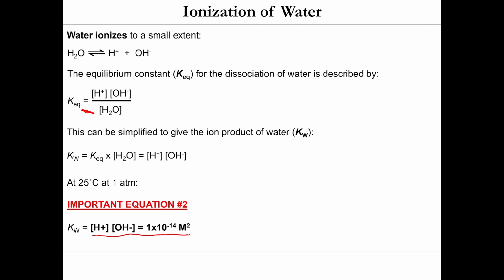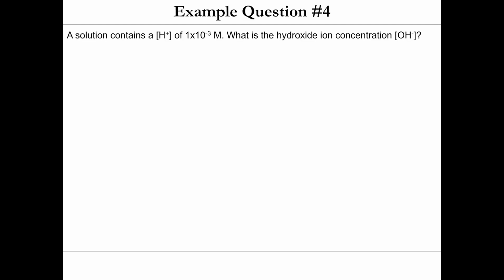And what this allows us to do is to determine the proton concentration if we know the hydroxide ion concentration and vice versa. So this will bring us to example question number 4. I'm going to do a lot of questions on these basically to save us all time later, because these are the type of things that you need to know by the end of the lecture to do well on the exam.